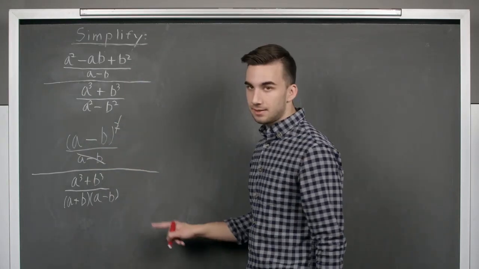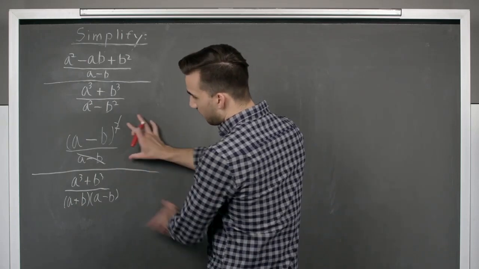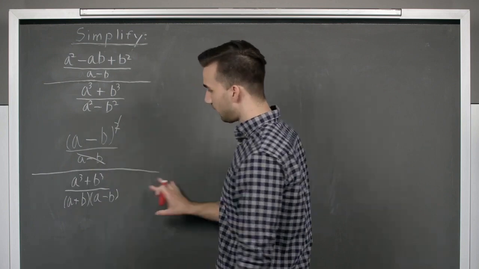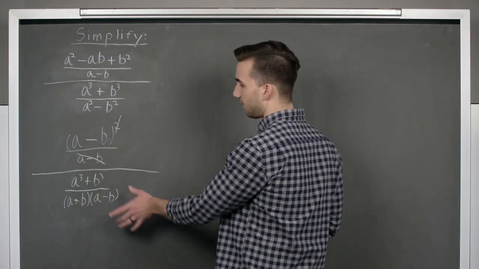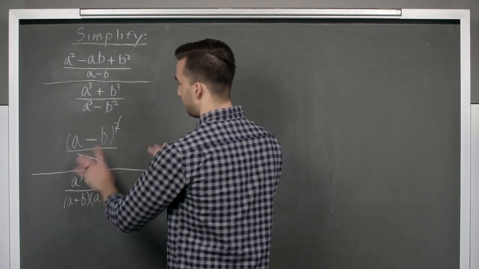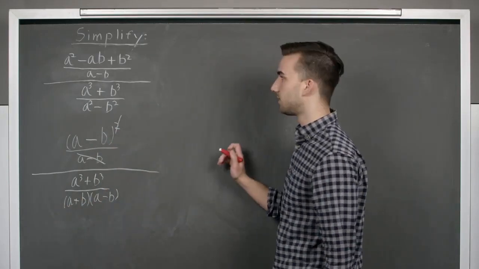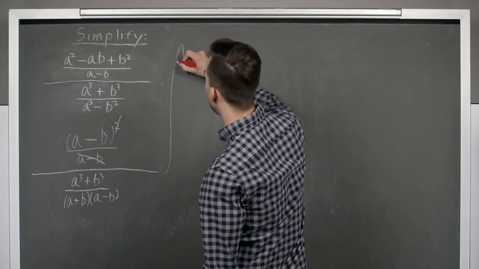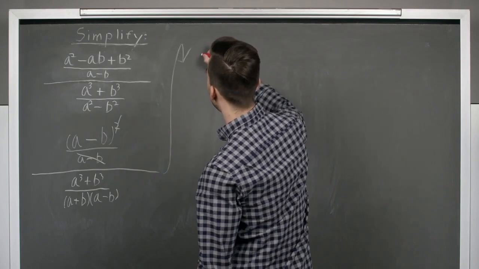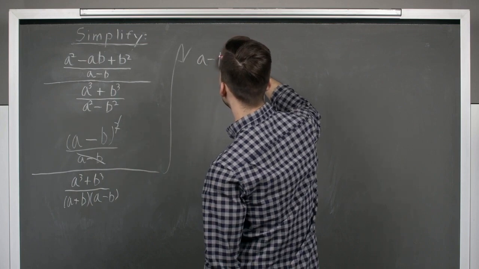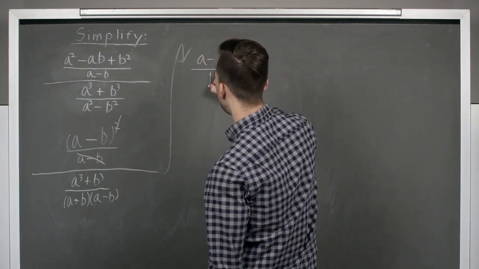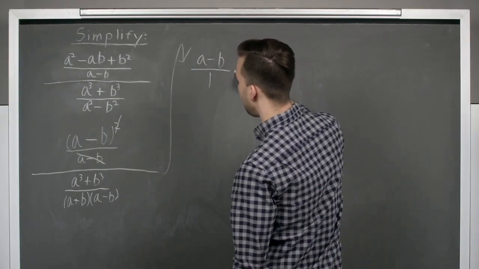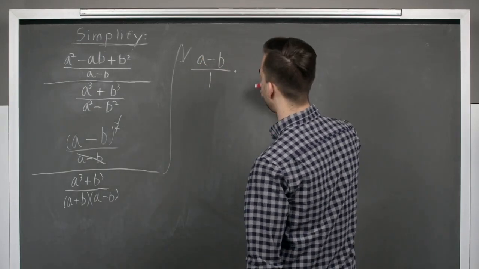So now that we've simplified both the top and the bottom of the big fraction, we can get rid of this fraction bar by dividing the bottom part by the top part. So I'm going to skip the step where I write this as a division problem, and I'm just going to come up here and write our numerator, the top of the big fraction, times the bottom fraction flipped, aka divided by the bottom fraction.